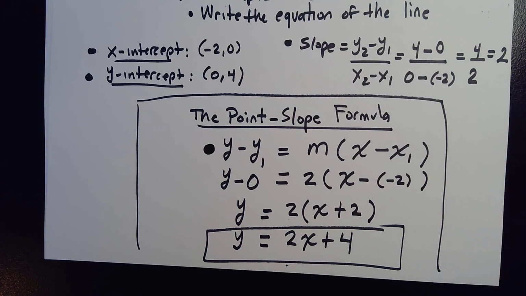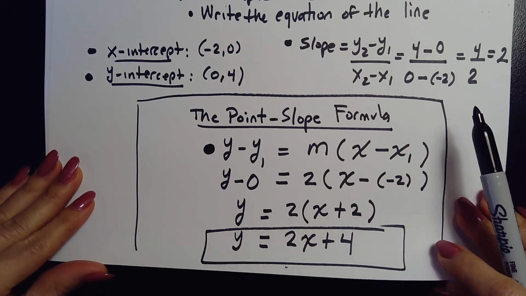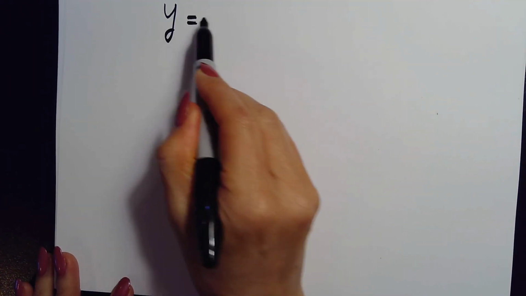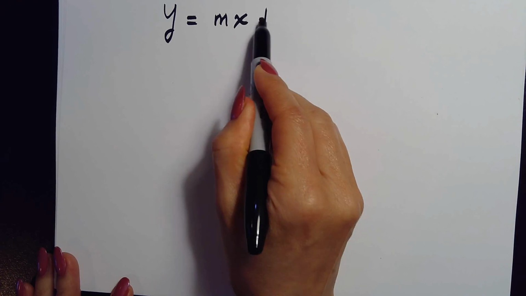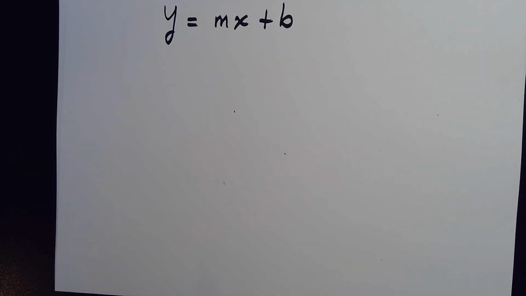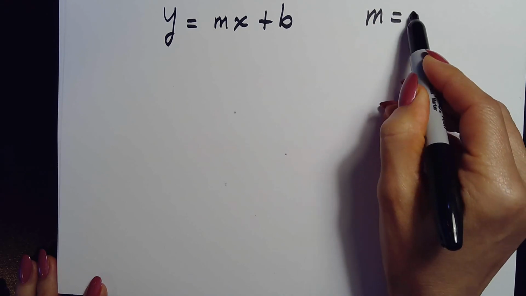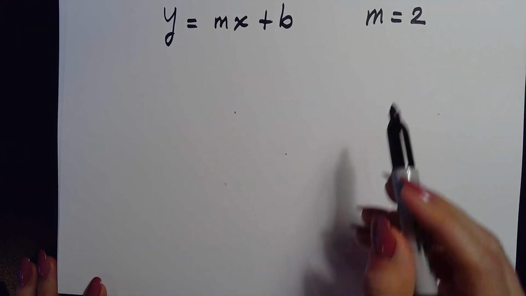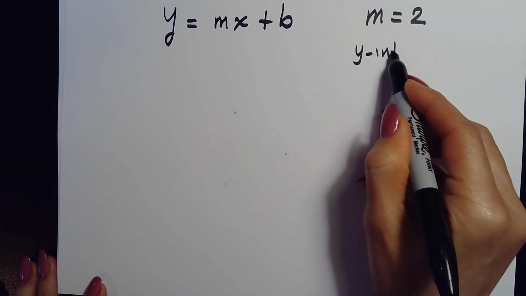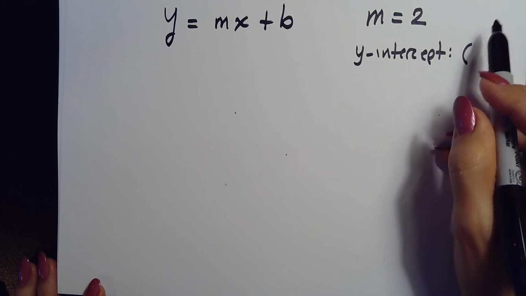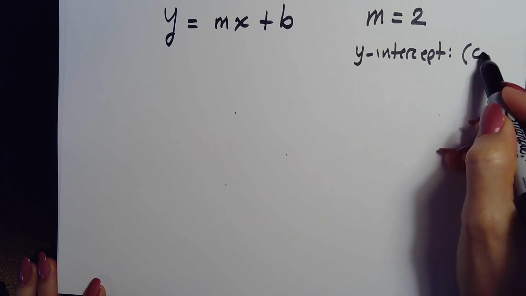Okay, another way you can find this equation is because you know the y-intercept. Remember, an equation written in slope-intercept form is y equals mx plus b, right? And notice that we know m is 2, that's the slope, and you know the y-intercept. The y-intercept, we calculated that is 0, 4.